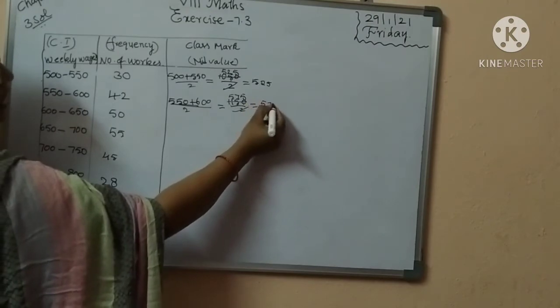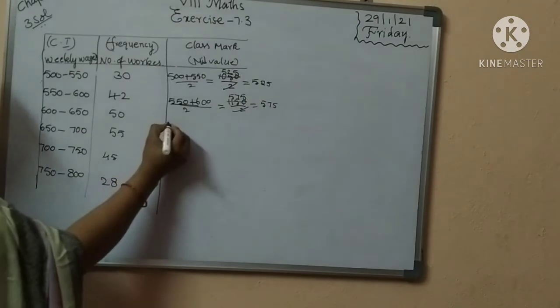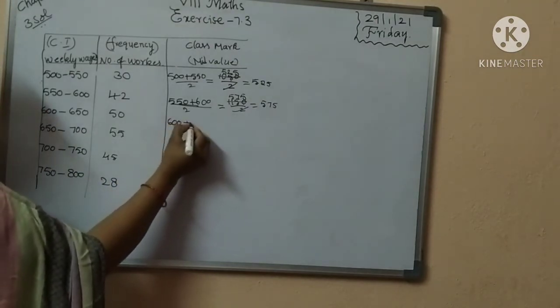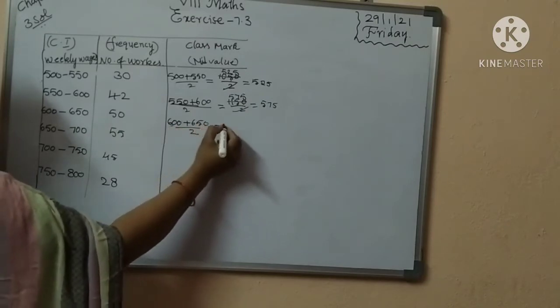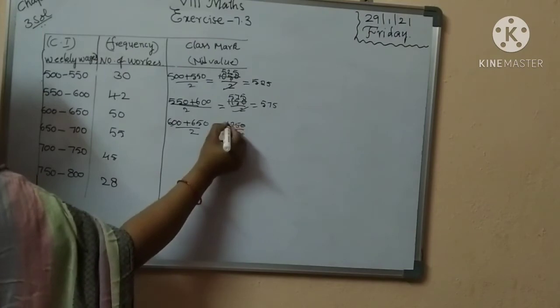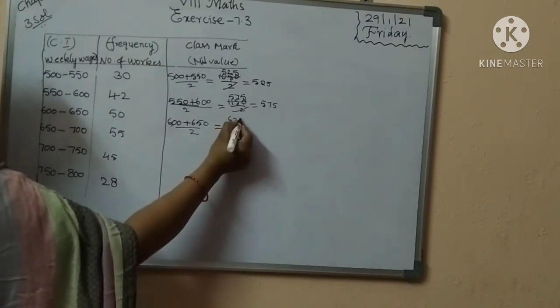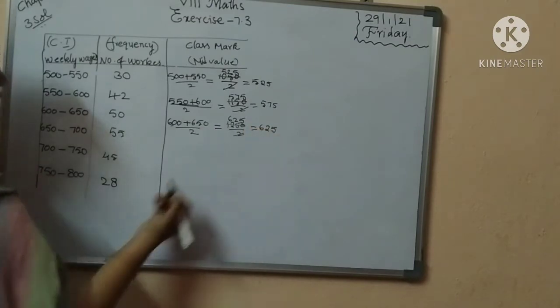So here 575. Okay children, did you understand? Next, 600 plus 650 by 2. 600 plus 650 is 1250, by 2. 6 2s are 12, 2 2s are 4, 5 2s are 10. So 625.